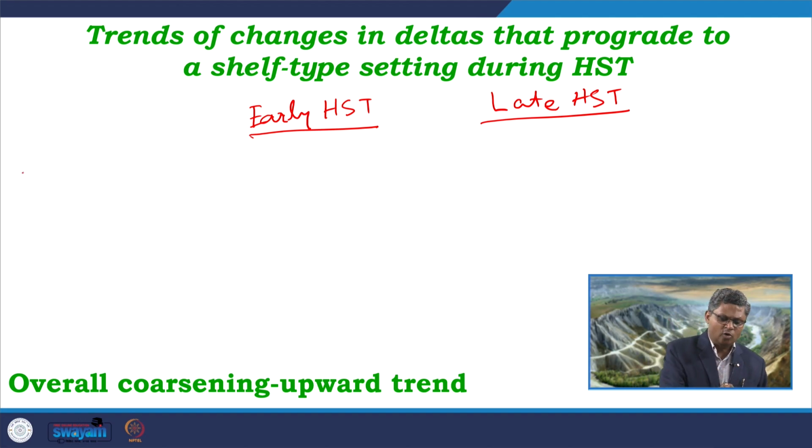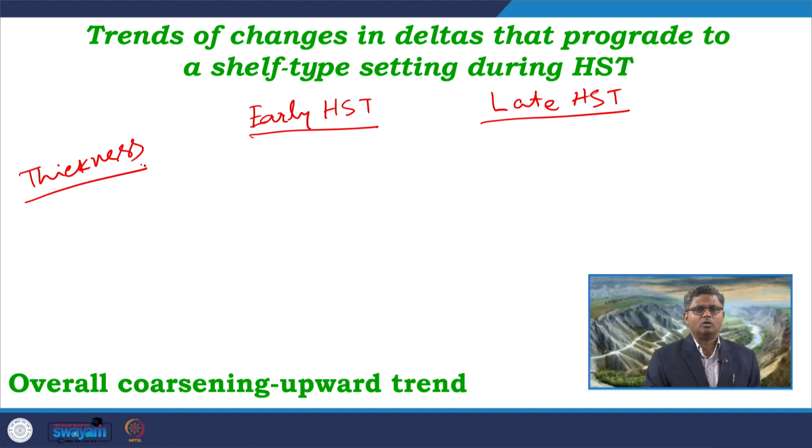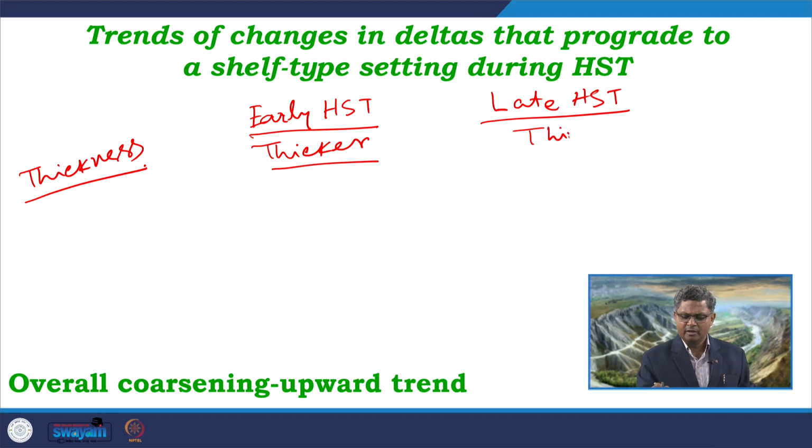First, the overall thickness of the entire delta system, starting from the delta plain to the delta front. During the early HST, the overall thickness will be much thicker, whereas during the late HST, it will be much thinner with respect to the early HST part.